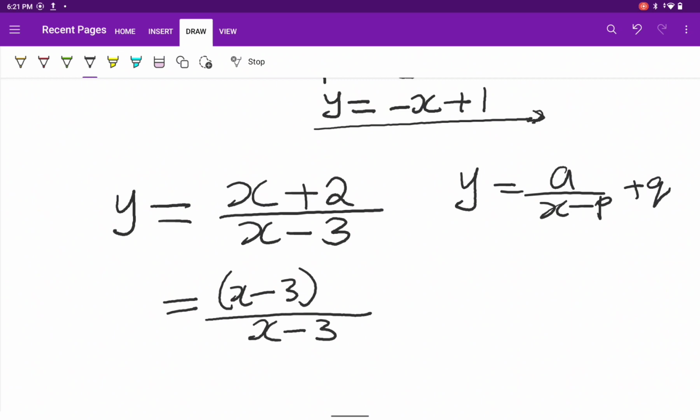But now we have changed the numerator, so we want it to go back to where it was. Remember, we have x plus 2. So in order for us to have a plus 2 here, we have to add something. Minus 3 plus something should be plus 2.